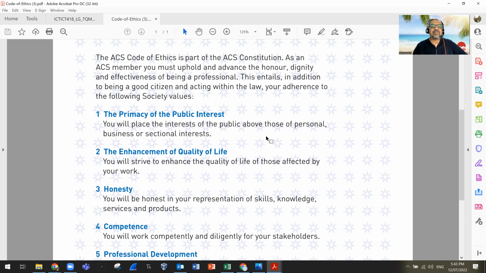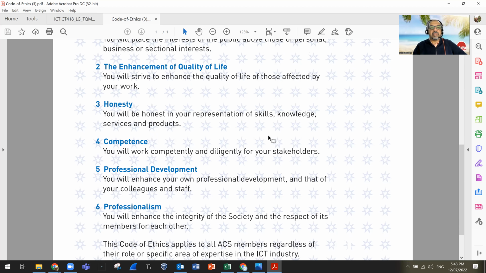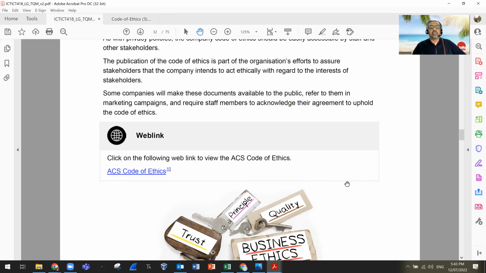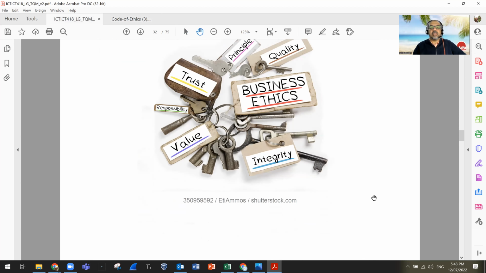It's really interesting, and it's just one page, part of the Constitution. So we have business ethics, quality, principle, trust, responsibility, value, integrity.